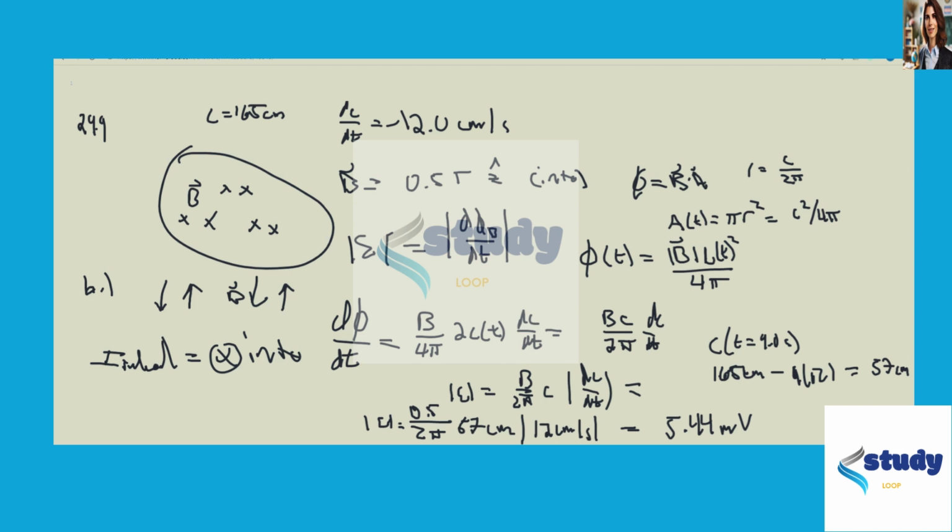Okay, so if the induced current needs to be into the page, using the right-hand rule, we see that it must be oriented counterclockwise. Oh, sorry, that was obviously wrong. That is clockwise. Check your right-hand rule again. If this is our loop and we want it to be into the page, this has to be clockwise using the right-hand rule. So the induced current is clockwise.